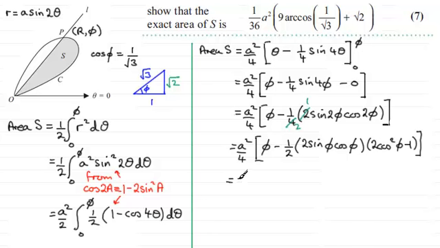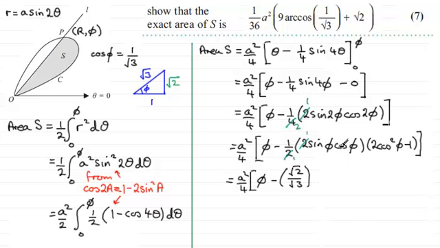So we've got that this equals a squared over 4 multiplied with phi. And we can do some simplification here as well. This 2 here will cancel out with this 2 here. And so what we've got is minus, and then we've got sine phi, which is root 2 over root 3. So just put that in there as root 2 over root 3.